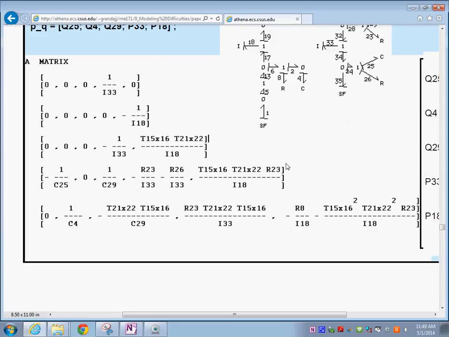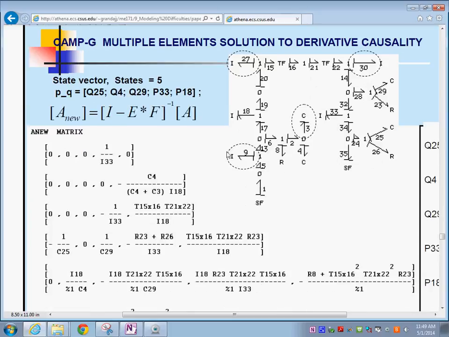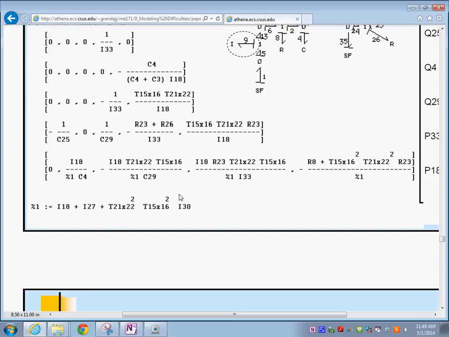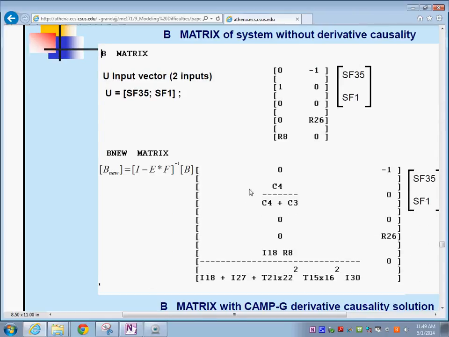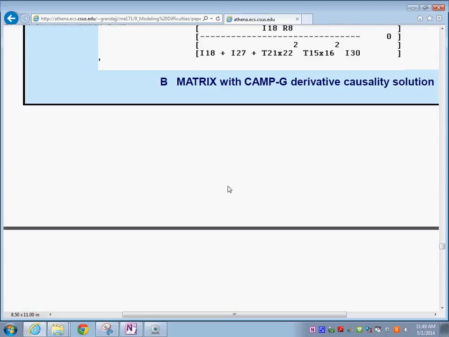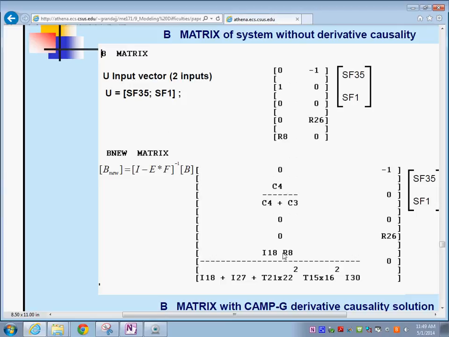The E matrix, of course, becomes more complex. But there is a solution. Even if you have it like this, you will have the new A matrix like this by using the method that we have outlined in here. And the B matrix also would be calculated in the same way. Okay, so that is the mathematical solution to the derivative causality problem.